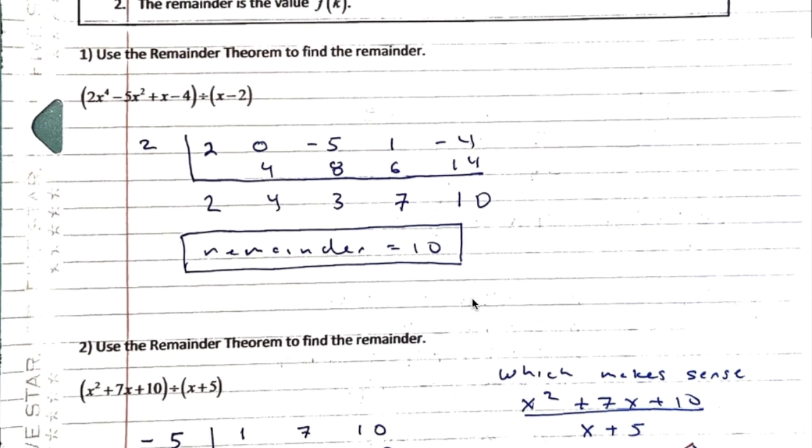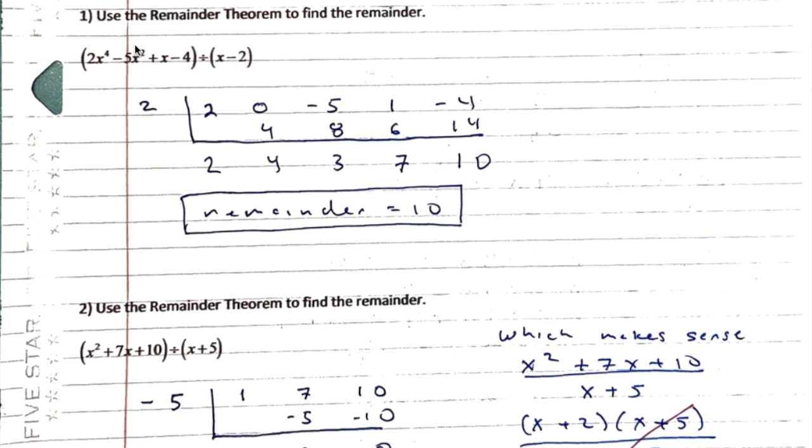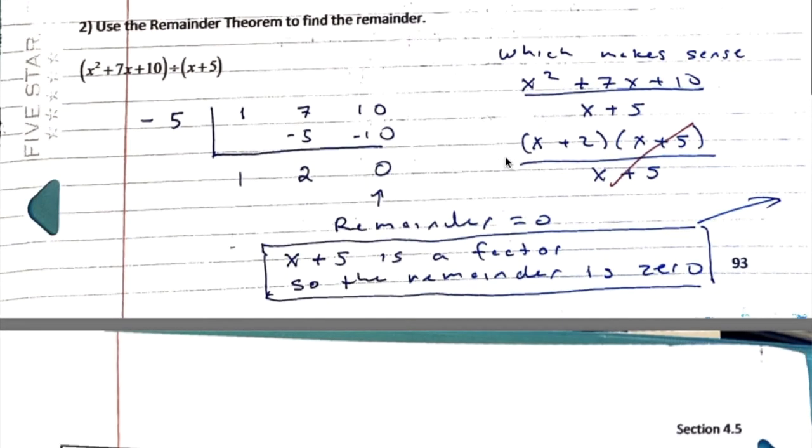The reason why that is a little bit interesting is because if I do this division and that remainder comes out 0, that's going to give me information. That means that this is going to end up being a factor of the original polynomial, and that's where we're heading in this section. So let me show you one where it's a factor. Here we have x squared plus 7x plus 10, divided by x plus 5.